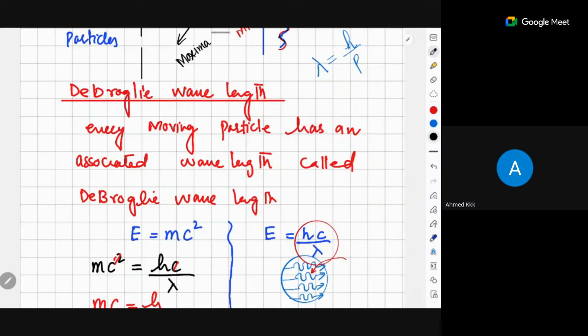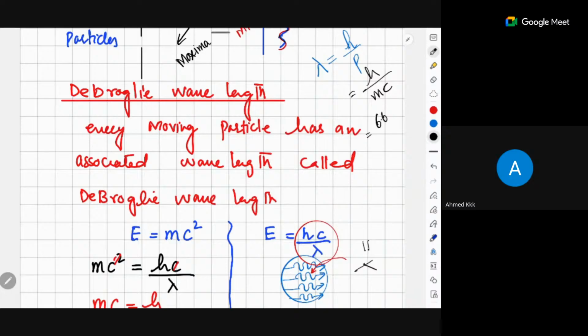So I would calculate right here that if I want to calculate the wavelength associated with an electron, that means I must have lambda is equal to h by p, and p is m into c. So h divided by m into c. So ordinary speed of the electron is 1/10 of light.